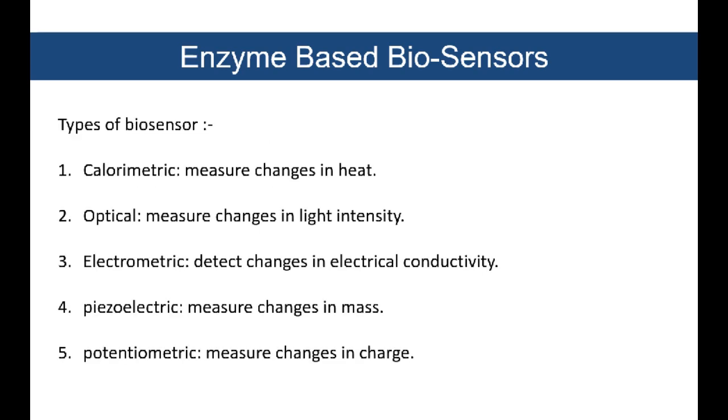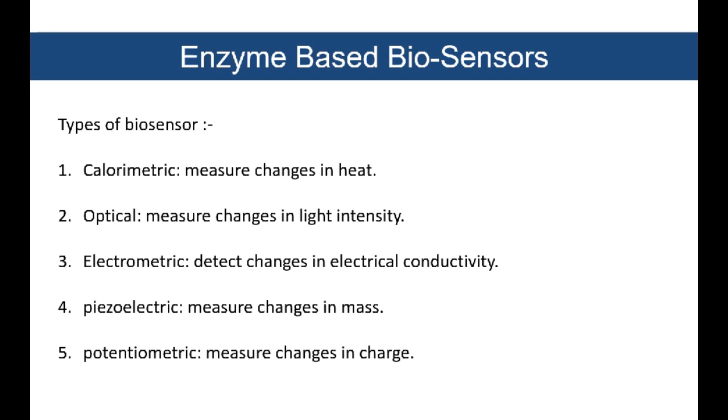If we look at the types of biosensors, as we have seen in the very first slides, to measure the change in heat we use the calorimetric biosensor. If you want to measure the change in optical properties or light sensitivity, we use the optical biosensor.